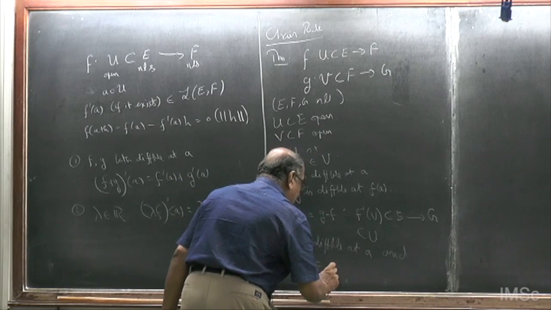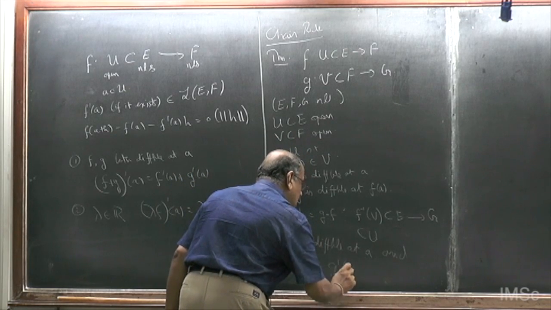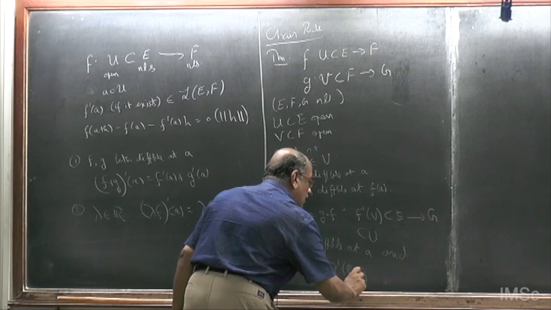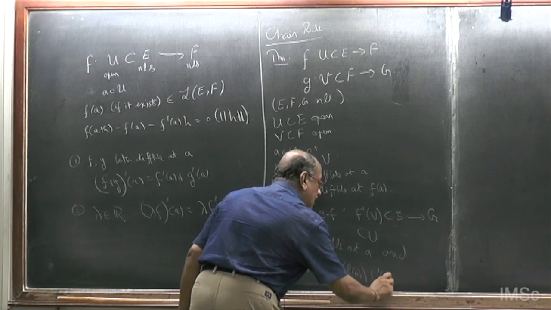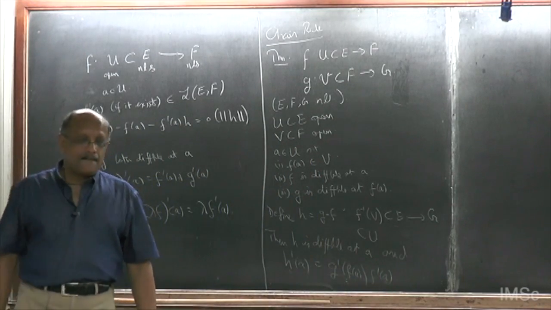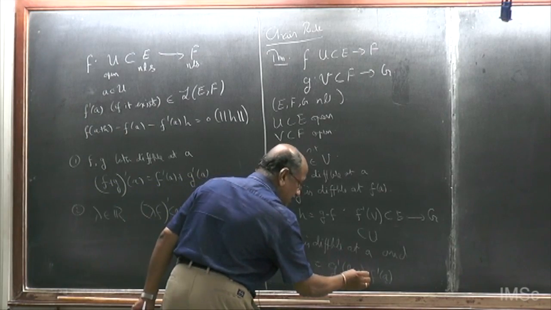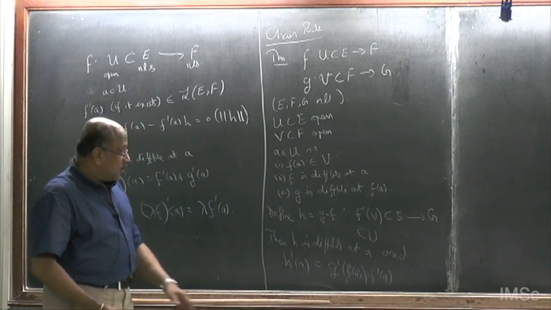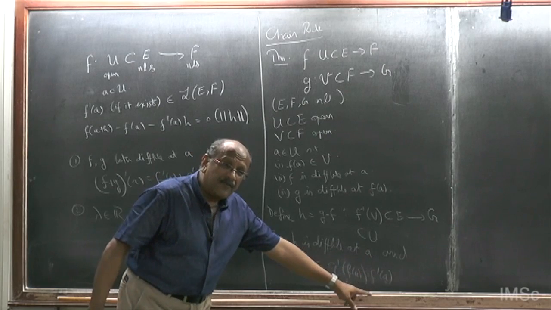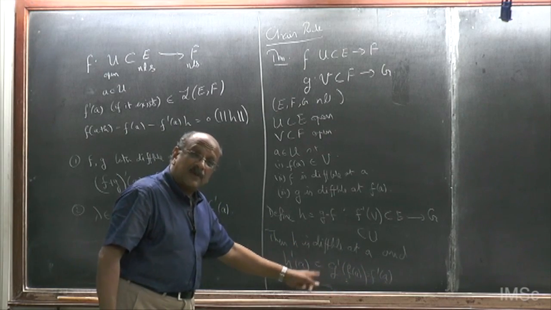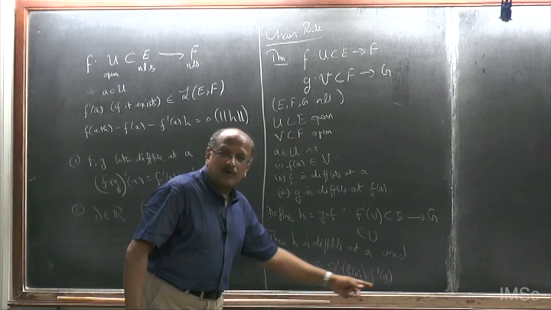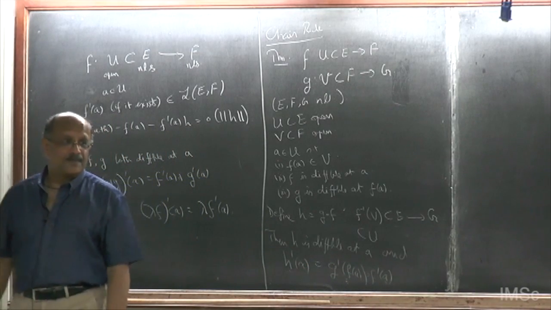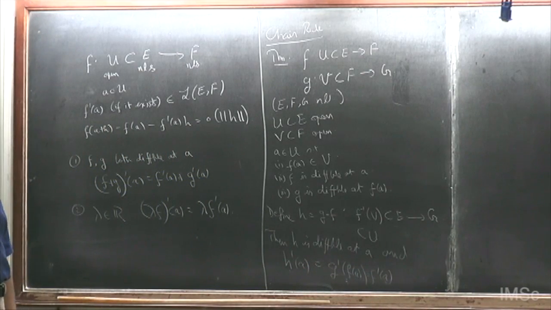So, g'(f(A)) composed with f'(A). Here there is a composition. f'(A) goes from E to F, g' goes from F to G. So when you compose you go from E to G. So this formula makes sense.